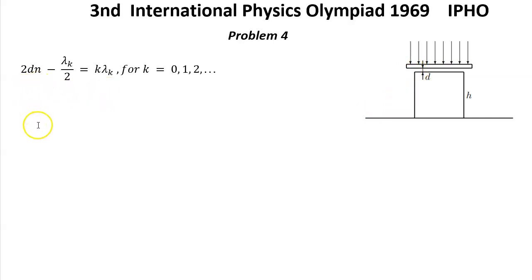But because n equal 1, we finally have 2d equal (2k plus 1) multiplied by lambda_k over 2.